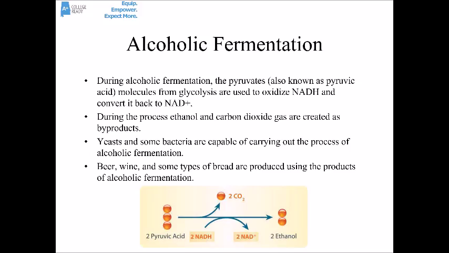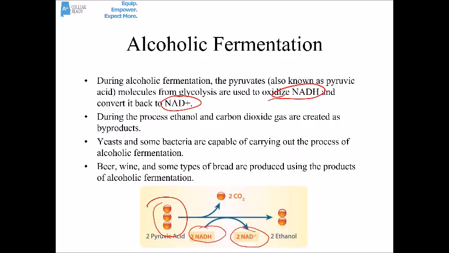During alcoholic fermentation, the pyruvates or pyruvic acids are used to oxidize NADH back into NAD+. We can see that happening here. So here's the pyruvic acid. It's being used to oxidize the NADH to make NAD+.